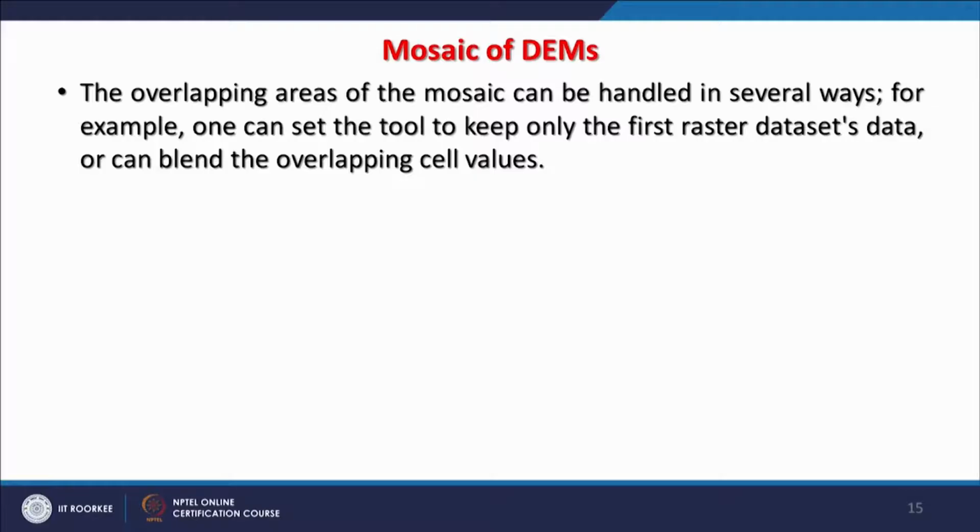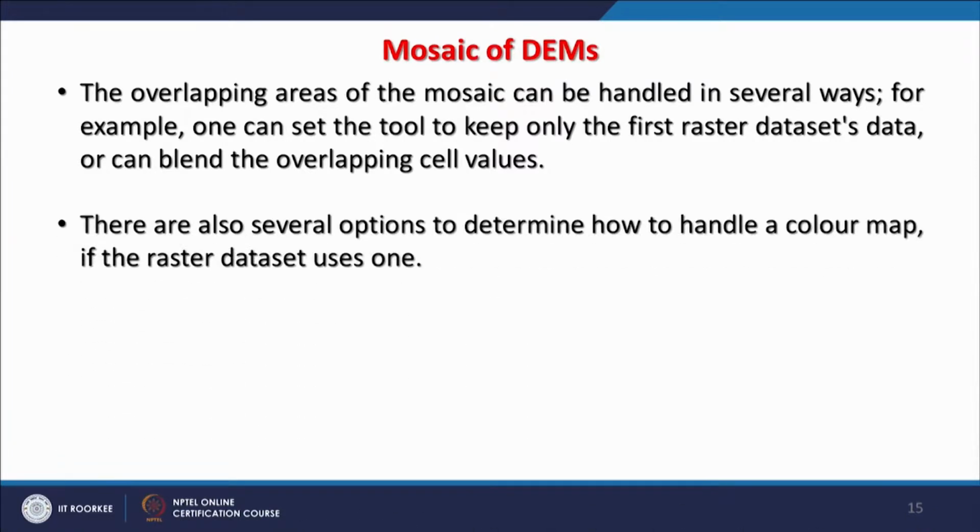If overlapping is there, then the overlapping areas of the mosaic can be handled in several ways. For example, one can set the tool being used for mosaicing to keep only the first raster dataset, or to blend the overlapping cell values. So, various options may be chosen for mosaicing overlapping datasets.